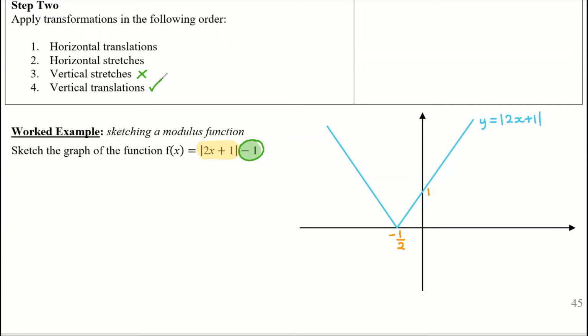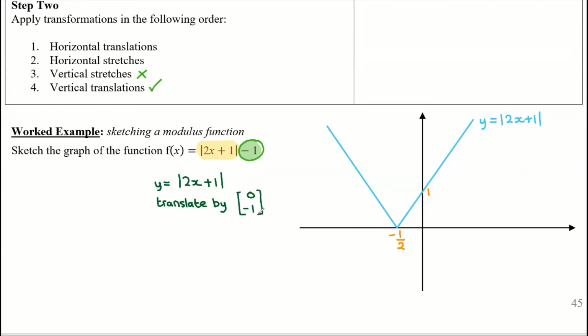So the vertical translation means that I'm going to take my modulus of 2x plus 1. I'm going to take that graph, okay, and I'm going to translate it by the vector (0, -1), okay?